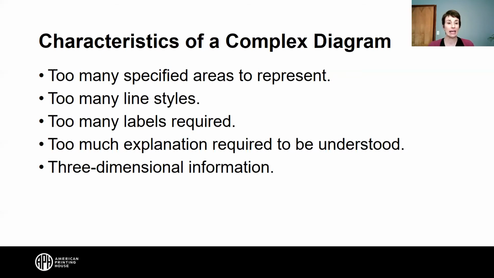The guidelines state in 3.2.2, in general, a single graphic should contain no more than 5 different area textures, 5 different line styles, and 5 different types of point symbols.